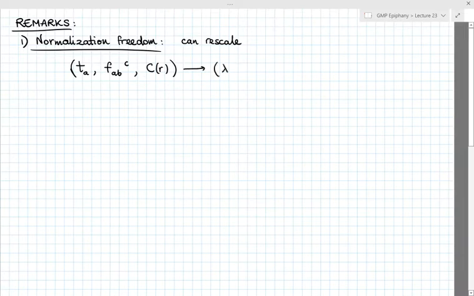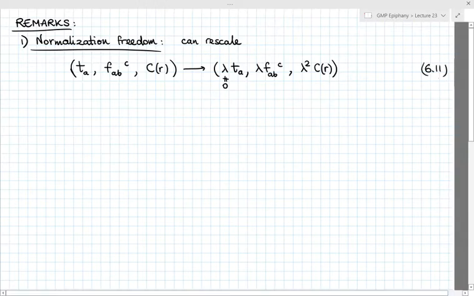So we rescale T^A by a factor of lambda, say, where lambda is non-vanishing, and for us will be real. Then we also rescale the structure constant by the same non-vanishing constant lambda, and the quadratic Casimir by lambda squared.